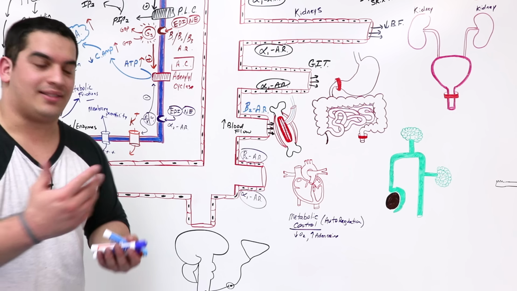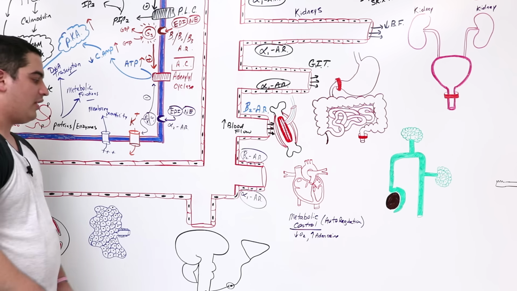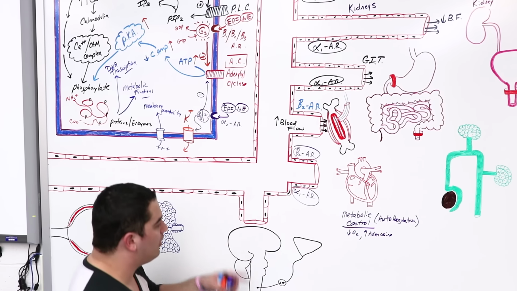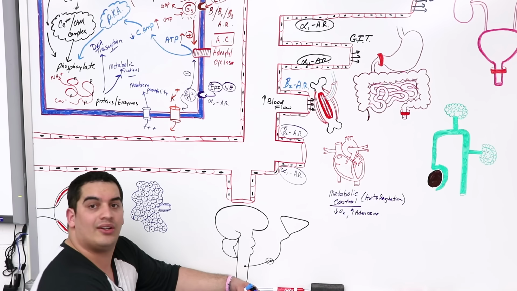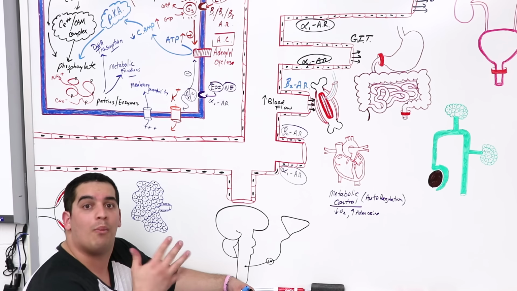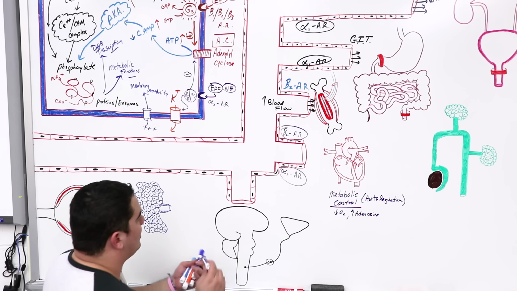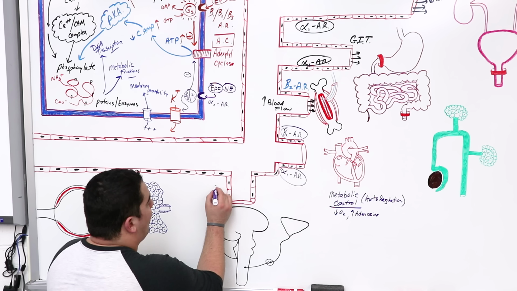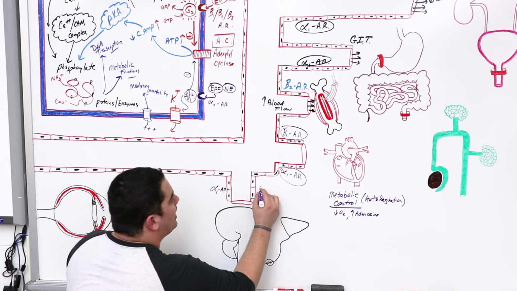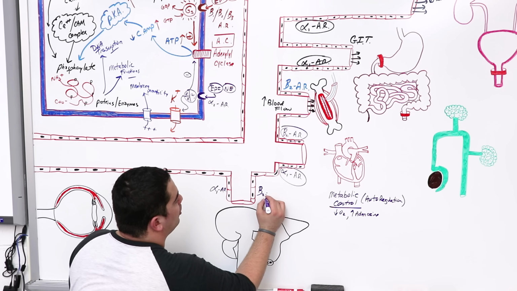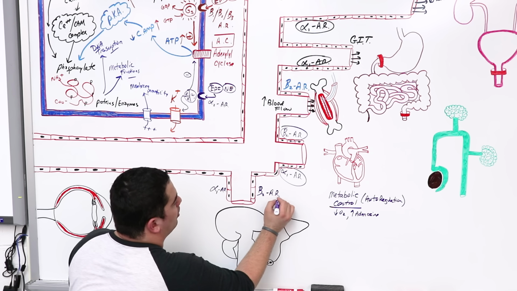In the same sense, central nervous system. We can't leave the blood flow to the central nervous system or to the heart at the mercy of the sympathetic nervous system because it fluctuates so much. So if that's the case, then we do not want to have primarily alpha 1 adrenergic receptors. We want to have a mixture of alpha 1 and beta 2 adrenergic receptors.